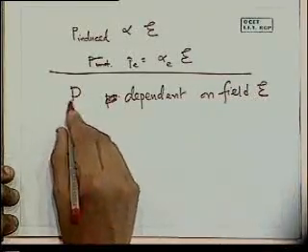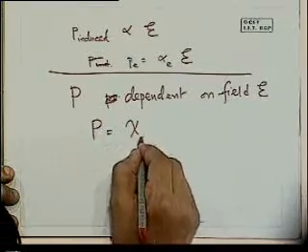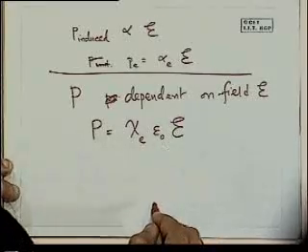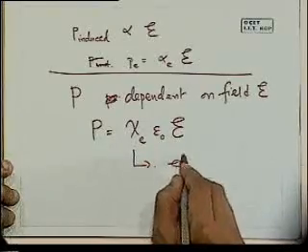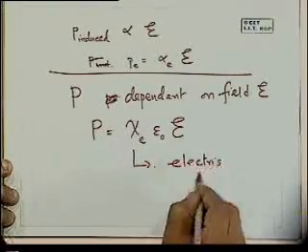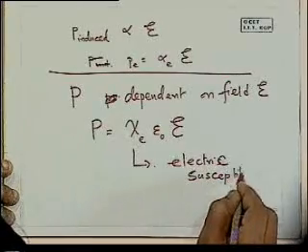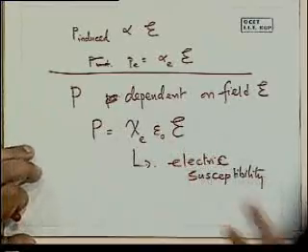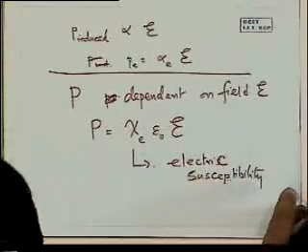The expression that relates the polarization to the field is given by P is equal to chi E epsilon naught and the field. Epsilon naught we know, field we know. Chi E has got the name electric susceptibility. There are lots of similarities in a sense with magnetic susceptibility, and here it's called electric susceptibility.